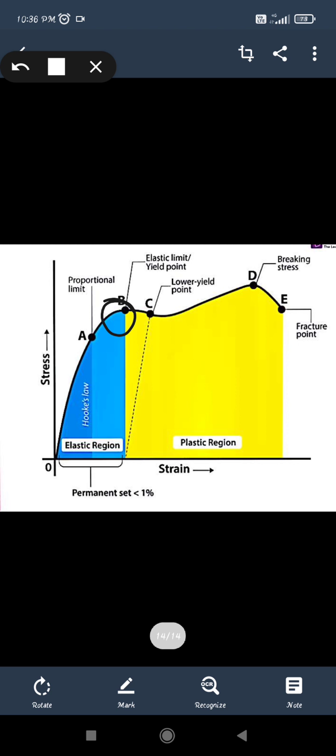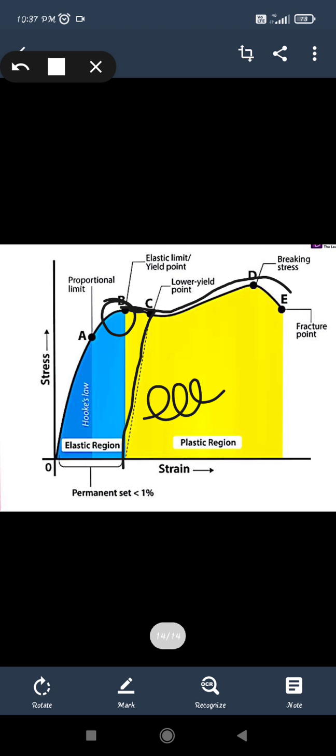After that, if the deforming force is increased, the body cannot regain its original size and shape. At this point it is still trying to regain, but it will take time. Beyond this point, if the deforming force is applied, it reaches the plastic region.